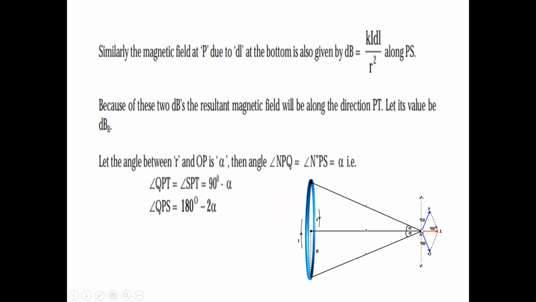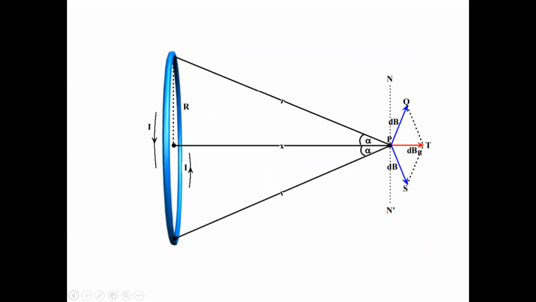Now the bottom element also gives the same expression, dB is equal to K I dl by R square. So the magnetic field has two directions, one along PQ and another along PS, due to the top and bottom lengths.